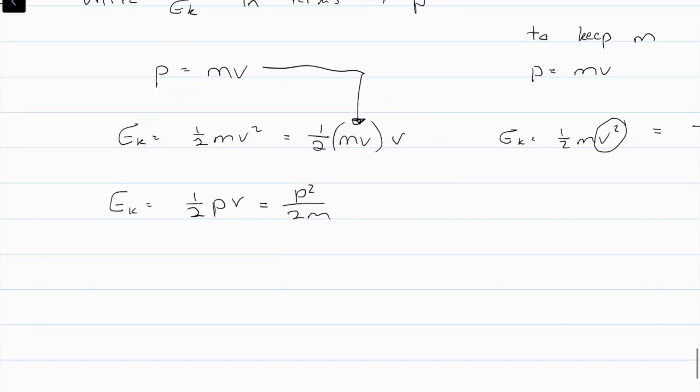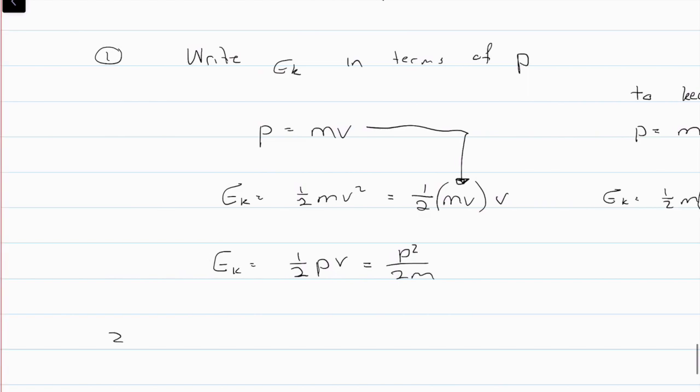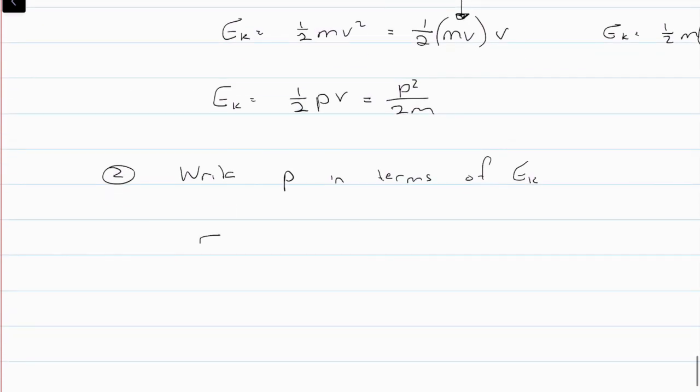Okay, now secondly I want to write momentum in terms of EK. I already know that EK equals a half momentum times v, so EK times 2 divided by my velocity is equal to momentum.